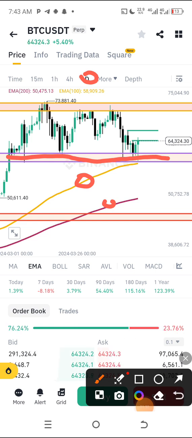I can see a bullish engulfing candle here. This green candle is bullish, and that will give me a confirmation to enter the trade and place my stop loss somewhere here. So any retracement, I wait for a confirmation and then a candle price action, then I place the trade.